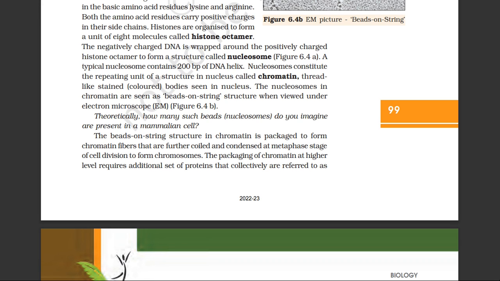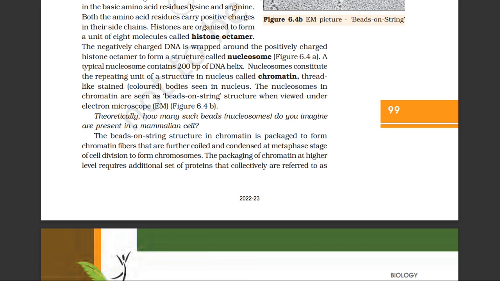Theoretically, how many such beads (nucleosomes) do you imagine are present in a mammalian cell? The beads on string structure in chromatin is packaged to form chromatin fibers that are further coiled and condensed at metaphase stage of cell division to form chromosomes.